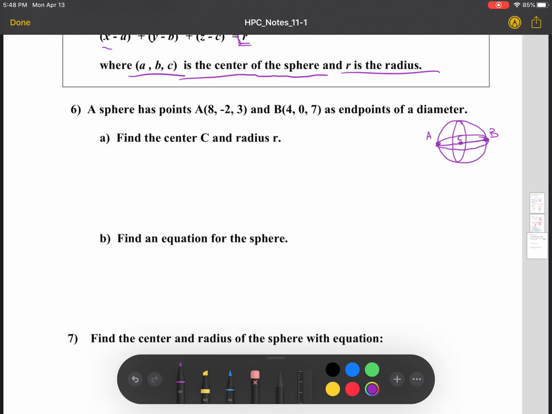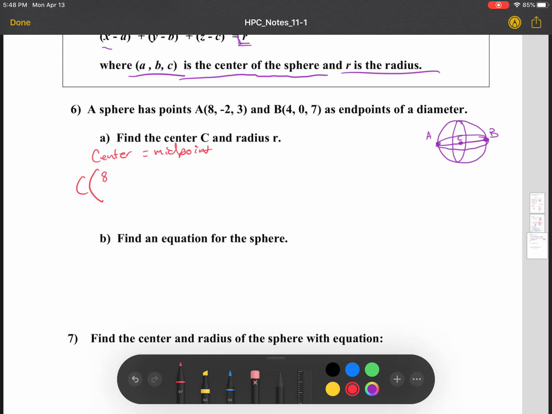So we could think about it in a couple ways. The center is the midpoint of our diameter, right? It's halfway between A and B. So the center equals our midpoint. We just have to do the midpoint formula.